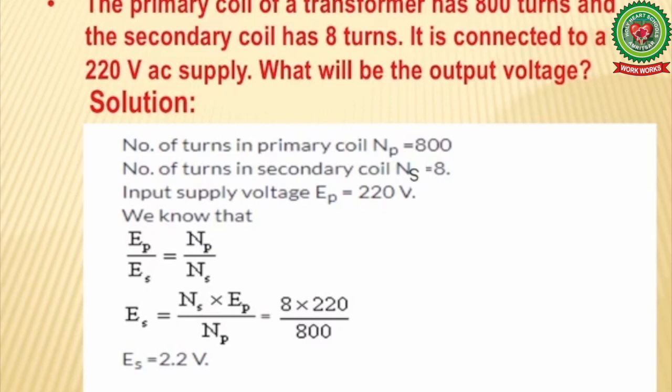The input supply voltage Ep is equal to 220 volt. Now the formula we know is Ep upon Es is equal to Np upon Ns. We need to find Es. So Es is equal to Ns into Ep over Np. Let's fill the values. Es is equal to 8 into 220 over 800. So Es is equal to 2.2 volt.